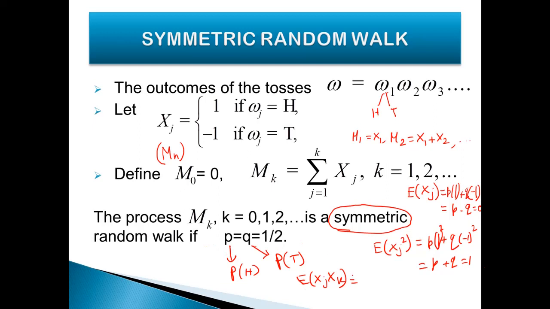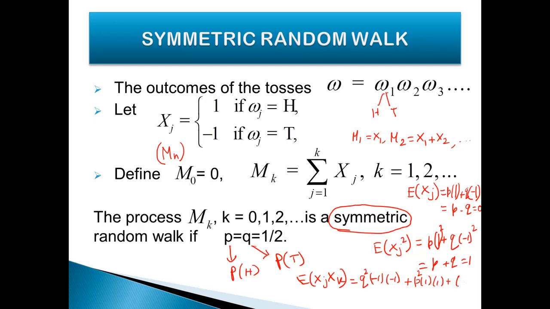Similarly, consider the expectation of x_j x_k. The value of x_j can be either minus 1 or plus 1, and the value of x_k can be either minus 1 or plus 1. If both x_j and x_k take minus 1, we get minus 1 times minus 1, and the probability is q square. If both are plus 1, that means both of them are heads, the probability is p square.